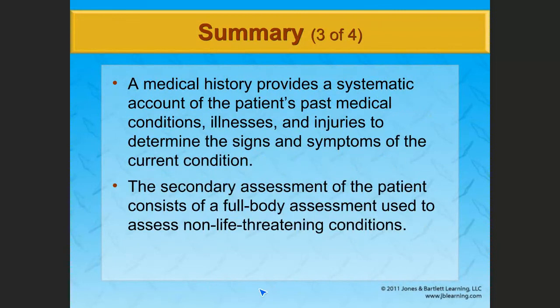A medical history provides a systematic account of the patient's past medical conditions, illnesses, and injuries to determine the signs and symptoms of the current condition. The secondary assessment of the patient consists of a full body assessment used to assess non-life-threatening conditions.